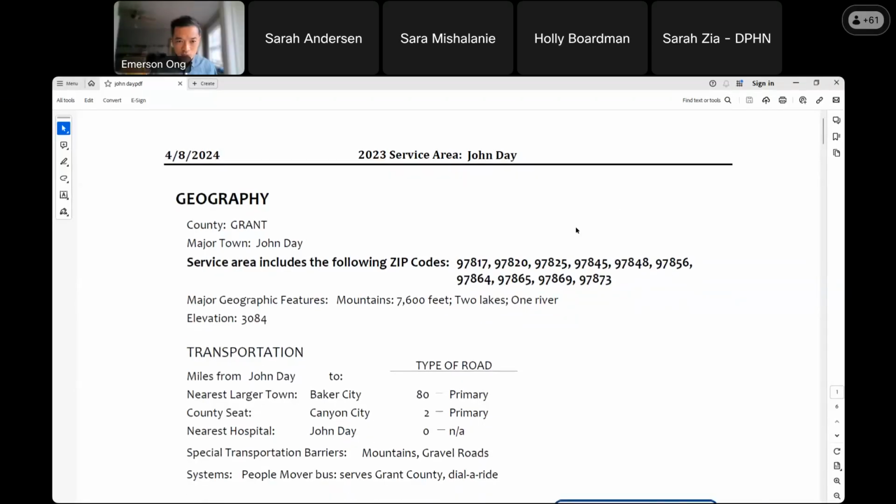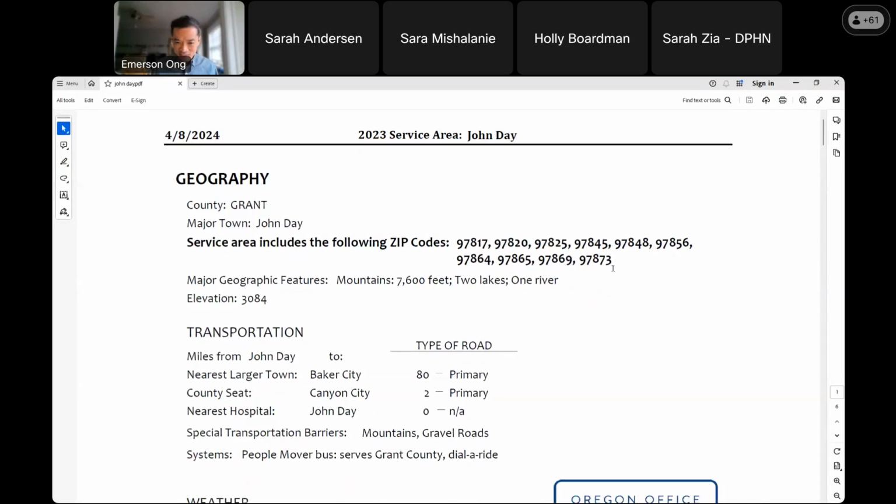Okay, part two. We have 6-page primary care service area profiles for all 128 service areas in the state, and I'm just gonna go through one. This one is for John Day. So the first page has the zip codes that are in that service area.